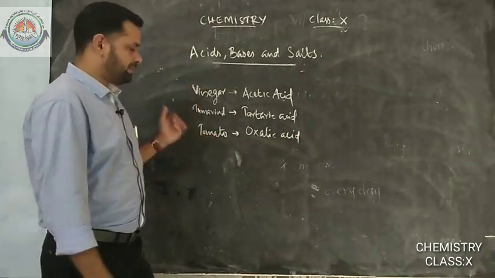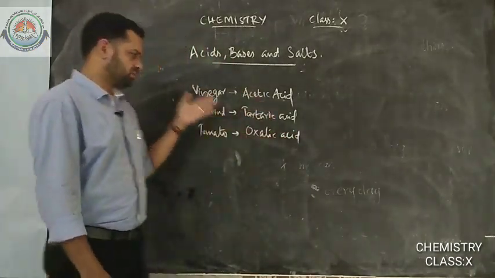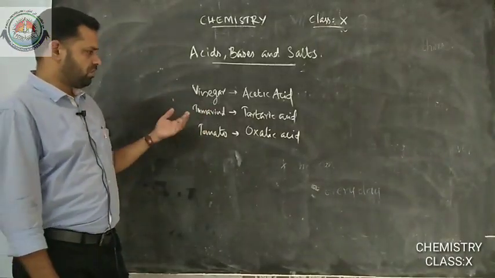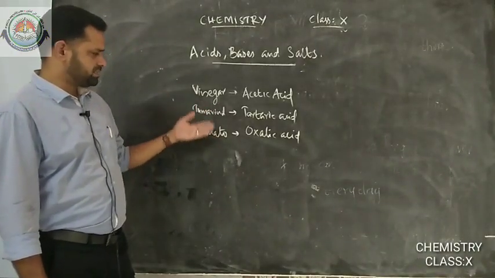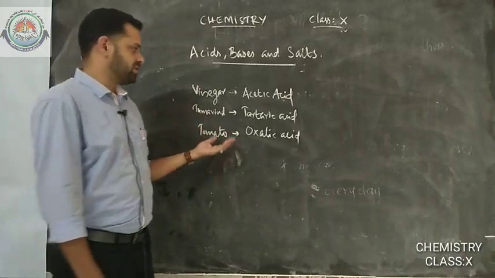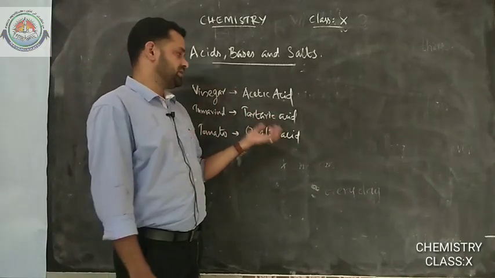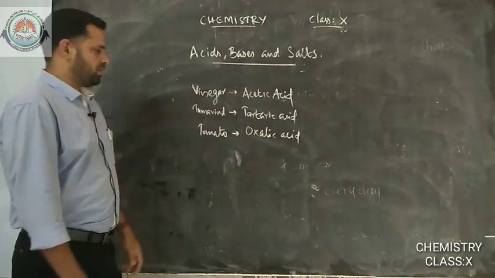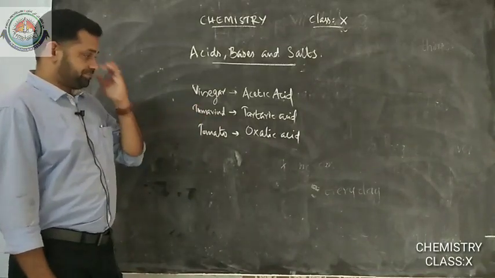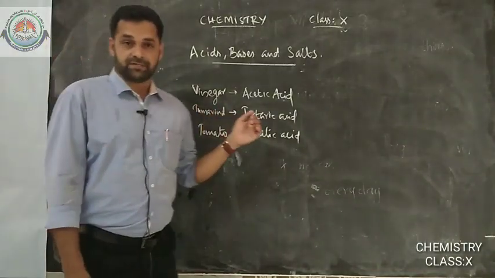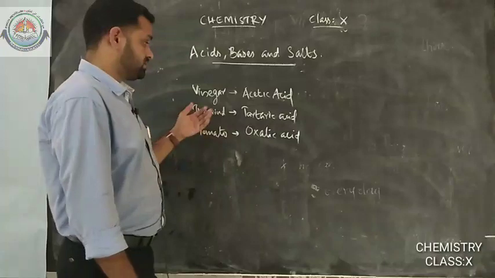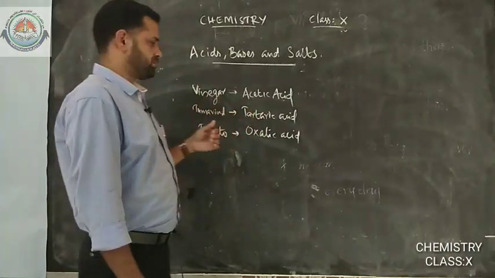And in lemon juice, citric acid. So a number of examples are there. All these substances are sour in taste due to the presence of a particular acid in that particular substance. And all these acids are organic acids, they are natural acids.